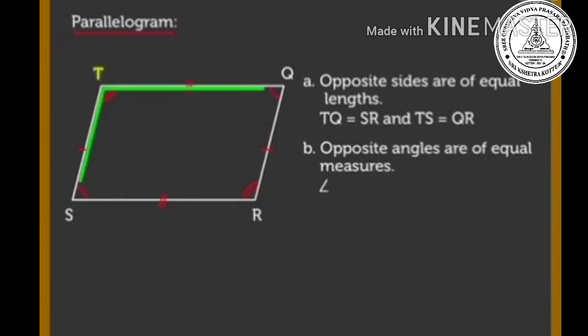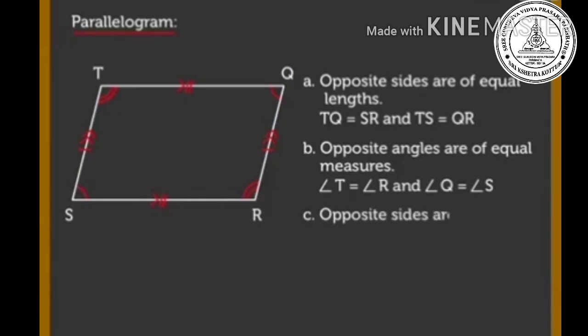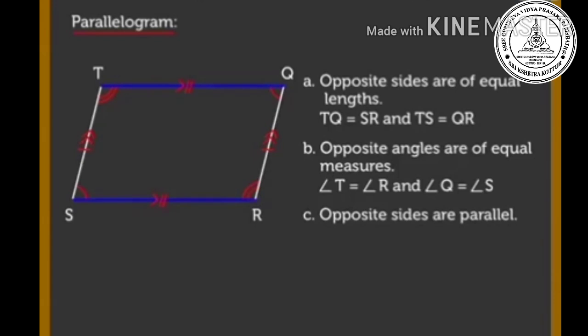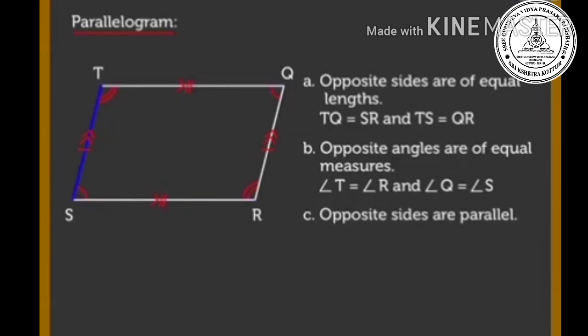That is, angle T is equal to angle R and angle Q is equal to angle S. C. Opposite sides are parallel. That is, TQ is parallel to SR and TS is parallel to QR.